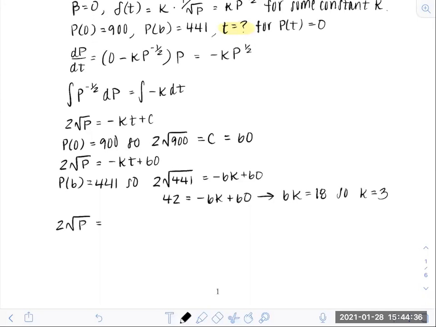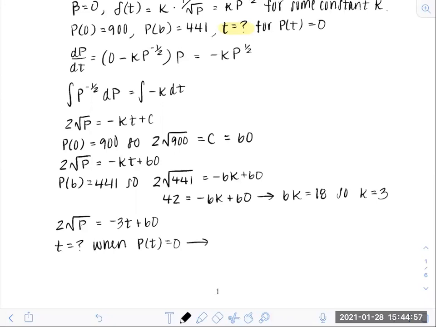All right, so to recap, what we have is 2 times the square root of P is equal to negative 3T plus 60. So here again, I'm not even going to spend the time to solve explicitly for P because I'm looking for T. Remember, our goal is T equals what when the population dies out.